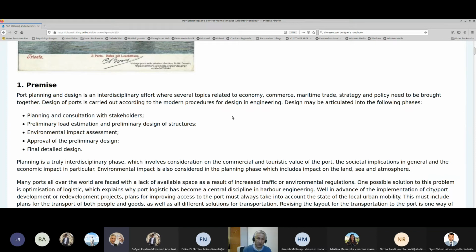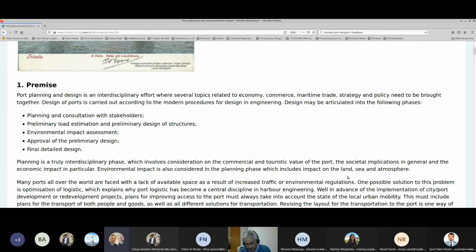It is interdisciplinary because we will see that it's a multifaceted problem. It's not just dealing with maritime engineering. There is also civil engineering that is called into play. There is mechanical engineering because ports typically are equipped with cranes, and then we need to know how cranes work.